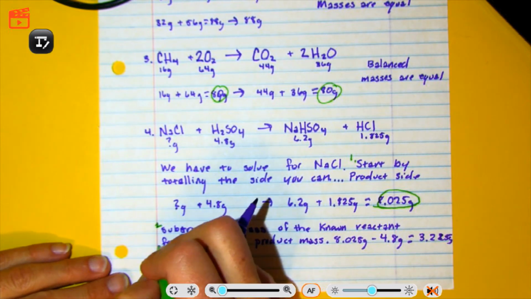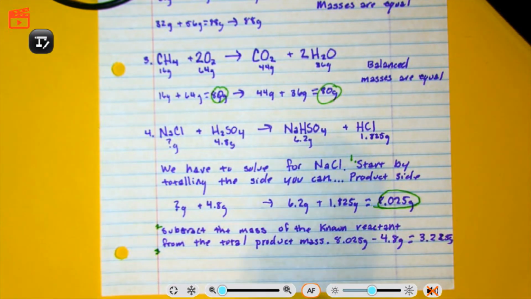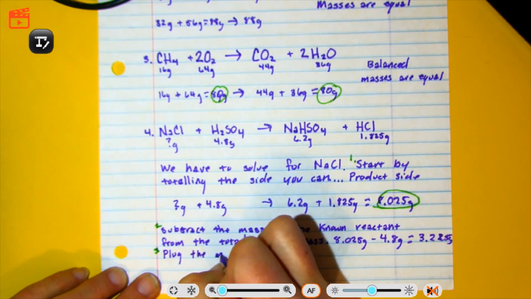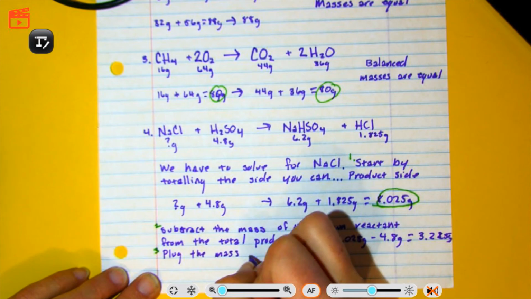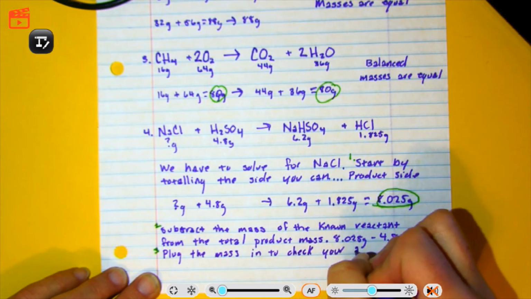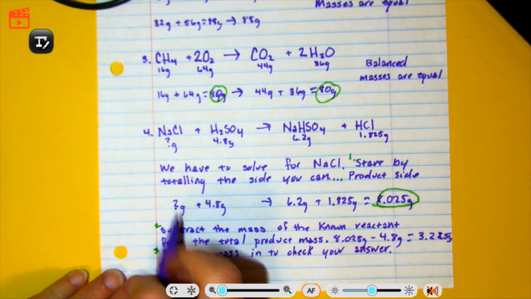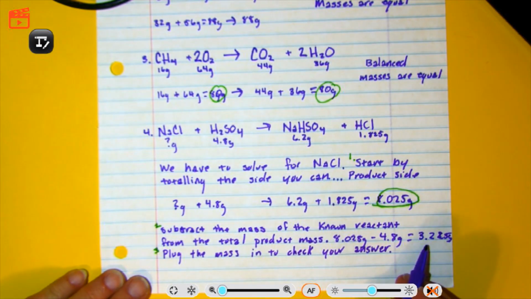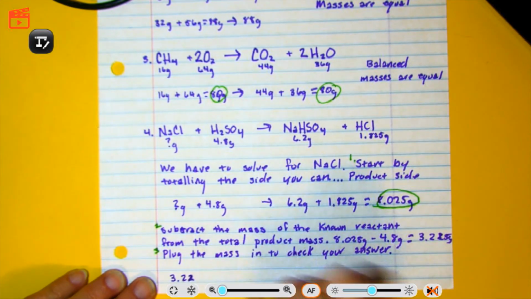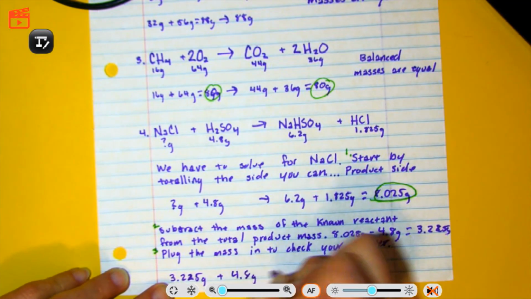Then step 3, when you do this, you want to always check your answer. So you're going to plug the mass in. Okay, and when we do that, we solved that NaCl was 3.225, so 3.225 grams plus 4.8 grams.